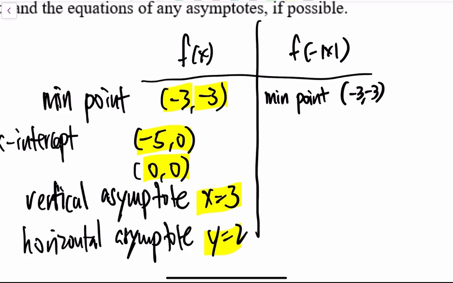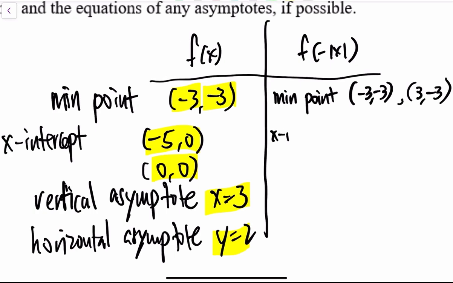As we've seen, there's no change, but I will have another minimum point now, (3, -3), because the positive side, x equals 3, will end up taking the value at -3. What it means is that you have a mirror image of the negative side, so it's symmetrical about the y-axis.